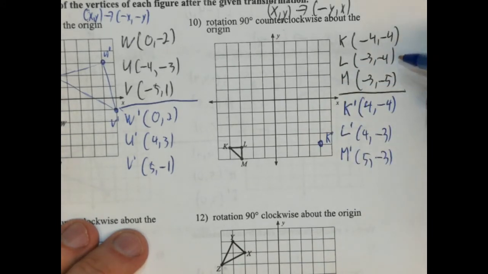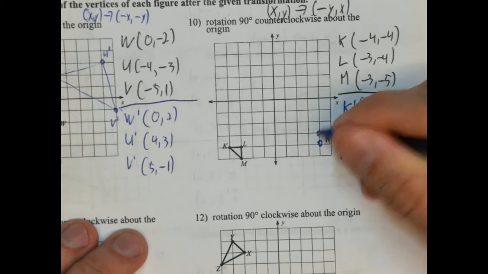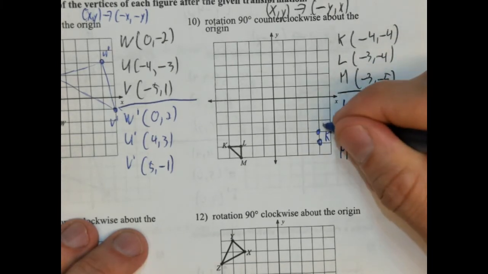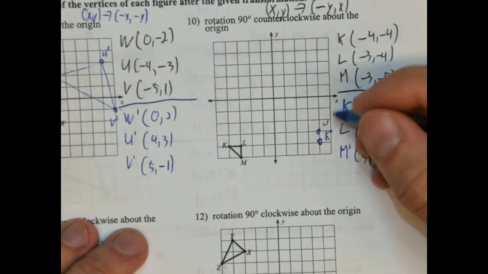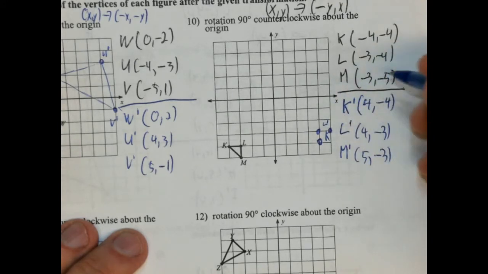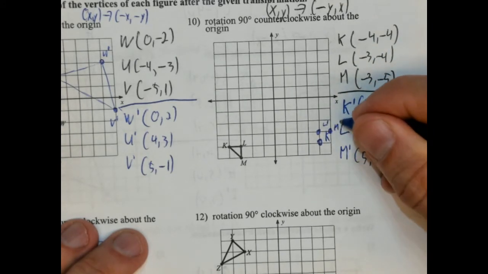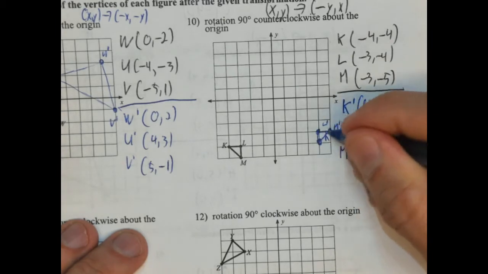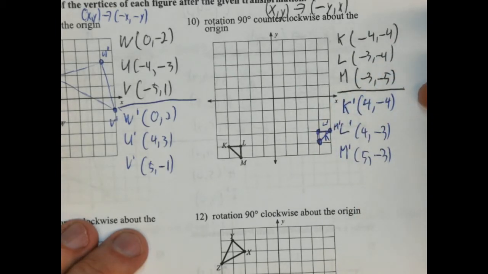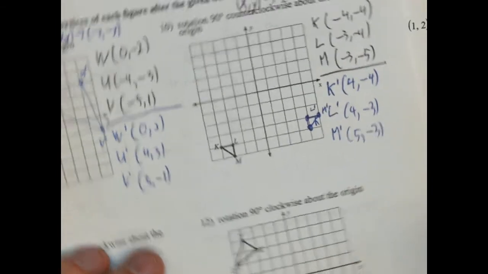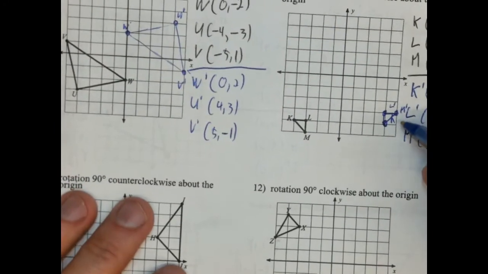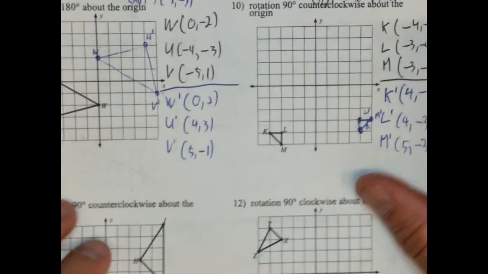And then 4, -3, that's L prime. And 5, -3, oops, I put the K in the wrong spot, and that's M prime. And if we rotate 90 degrees counterclockwise, yep, that's exactly what it would end up like. So a little bit of a snafu having a K there, but that's not the end of the world.